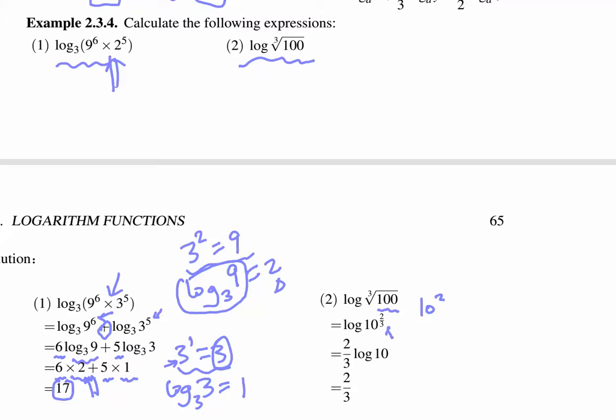Move the exponent down to the front. You have here is log 10. Remember, log 10 is log base 10 to the 10. Okay, it's like log base 3 to the 3 is 1. Log base 10 to the 10 is also 1. So 2/3 times 1, that's 2/3.